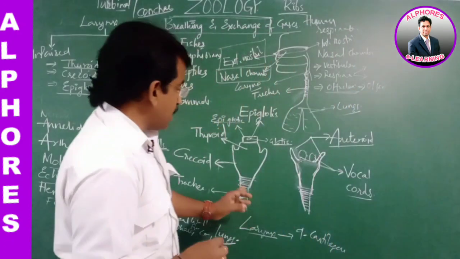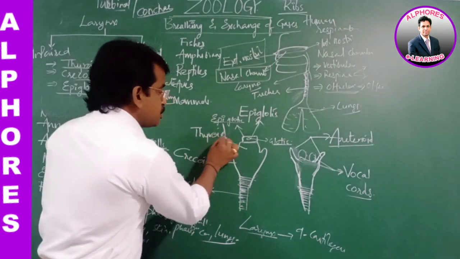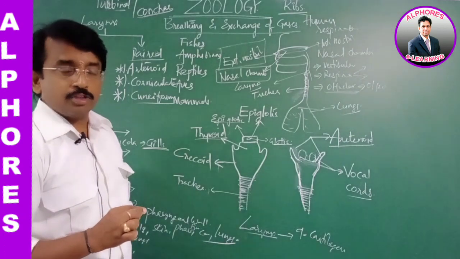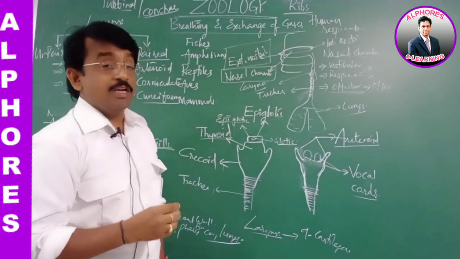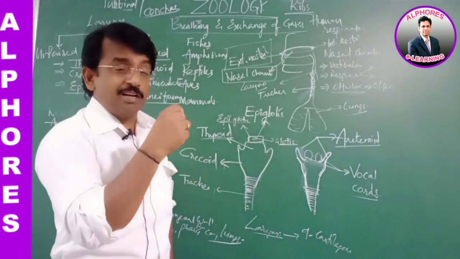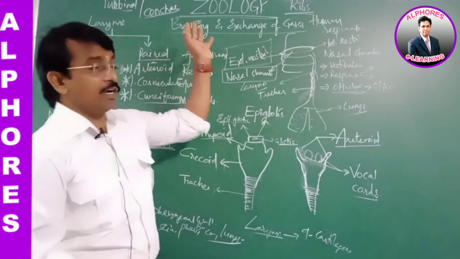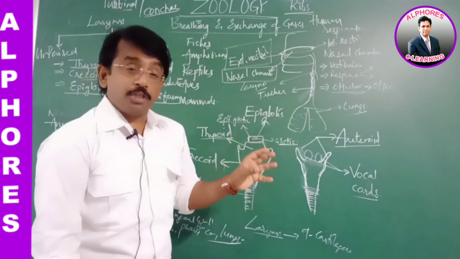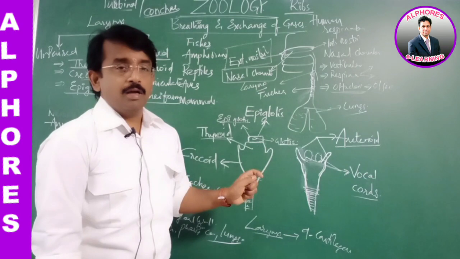So let us see this diagrammatically. Generally, the thyroid is considered to be the largest cartilaginous plate. Thyroid is a hyaline cartilage. Recall your memory: in first year, we discussed that every system of our body is lined by tissues. In the digestive system, we have seen the epithelium and the muscular layer.